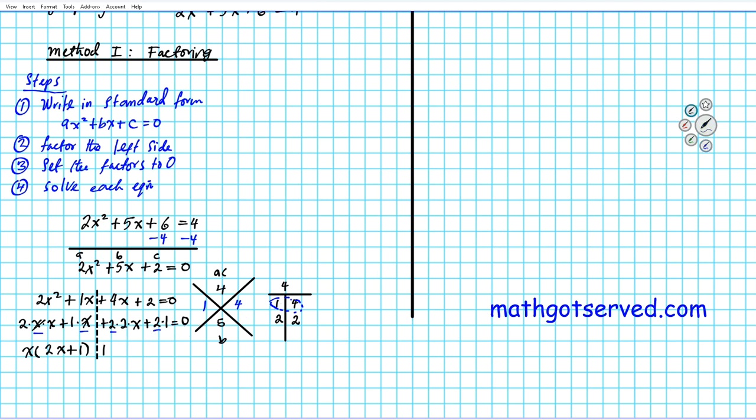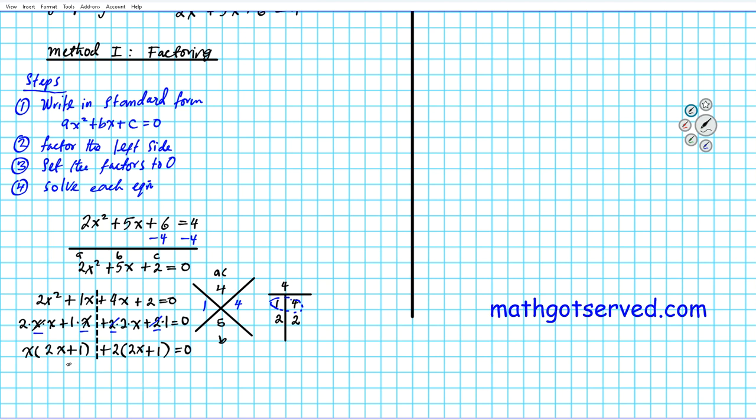Always bring down the middle sign. This is a plus in this case, so there's no need to switch any signs. So bring down the plus, the 2 that we factored out, and we're left with 2x plus 1, because when you factor out, it's as though you're dividing out. So these twos get divided out, and that's equal to 0.